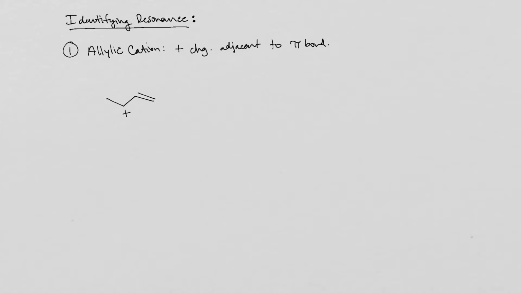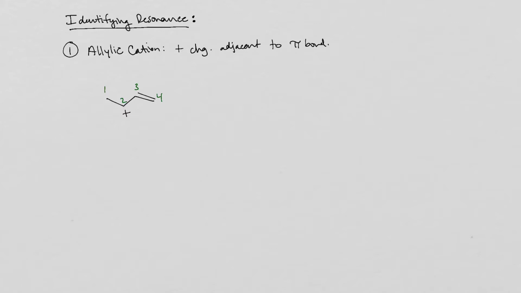Right? So what can happen in this scenario is the electrons here can actually jump to being between these 2 carbons. So if we numbered these carbons 1, 2, 3, and 4, these pi electrons could actually jump to be between carbons 2 and 3 rather than between carbons 3 and 4.